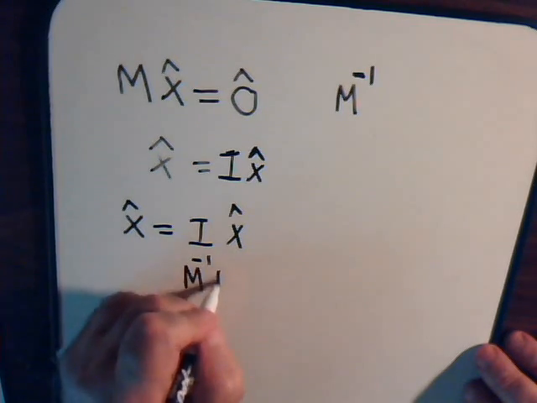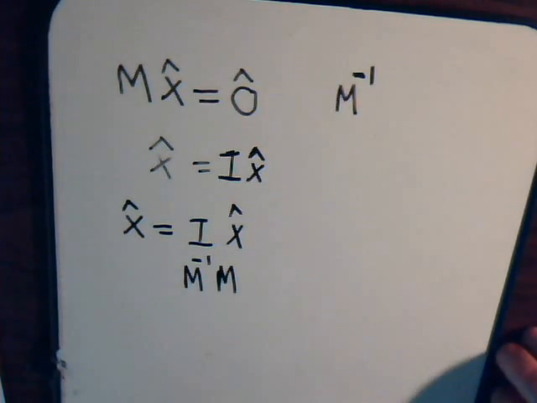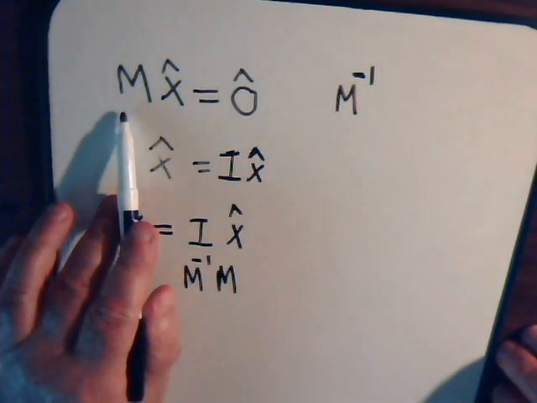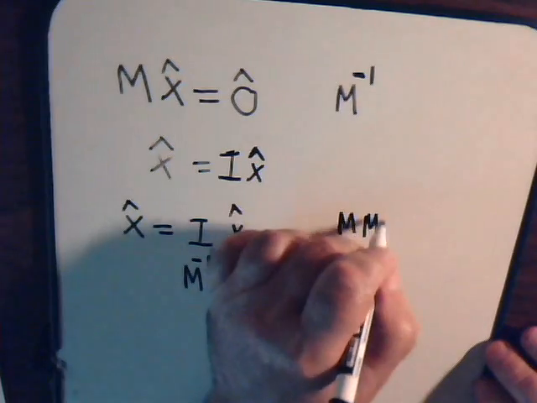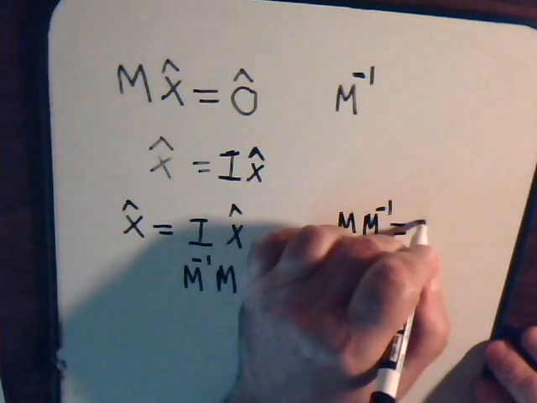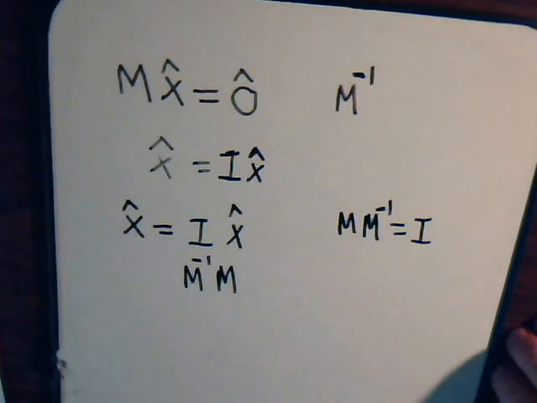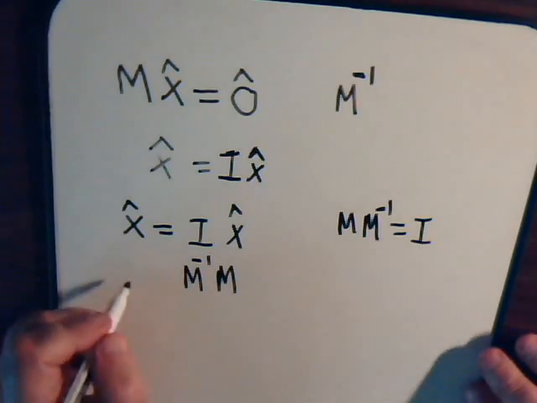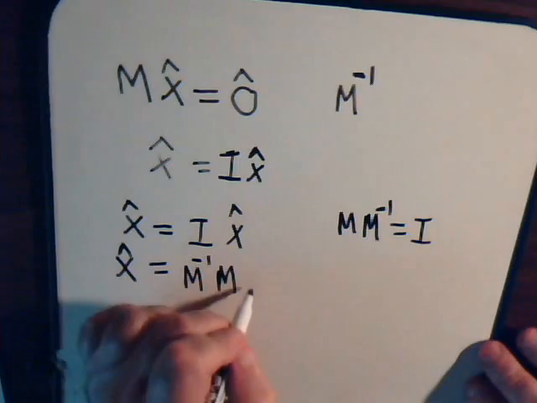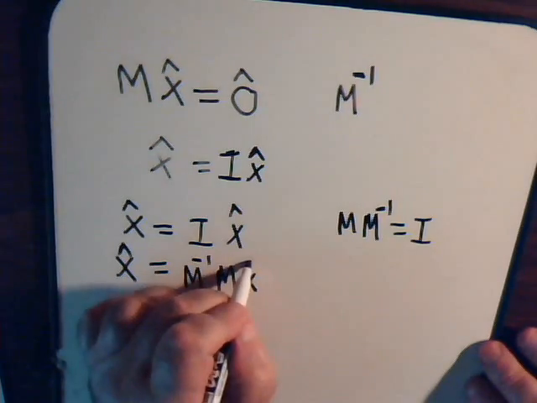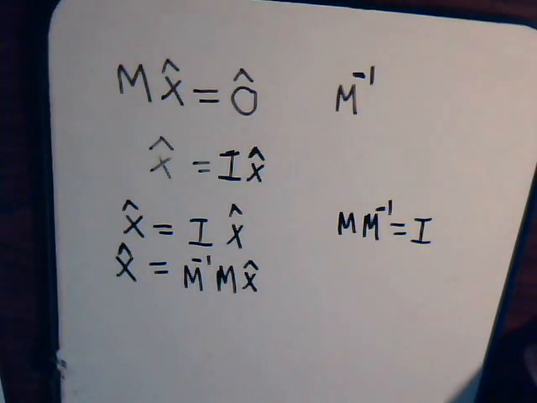M inverse times M. We said our matrix has an inverse, so of course M times its inverse equals the identity matrix. So now what we have is that this equals this times this.